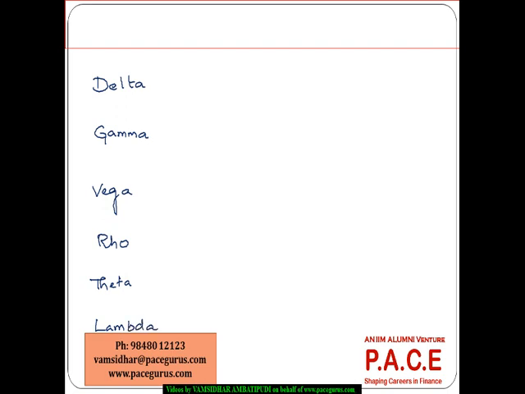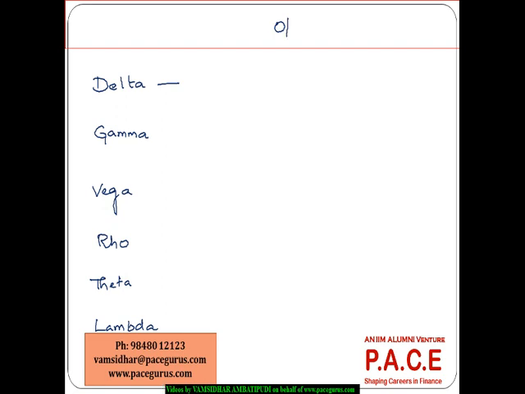Of course, there are even quite a few more, but these are relatively more commonly used compared to the others. Now, each of these is talking about the sensitivity of the price of the derivative with respect to a change in one of the factors that is impacting the price of this derivative.